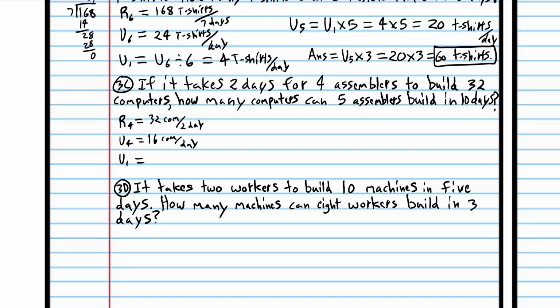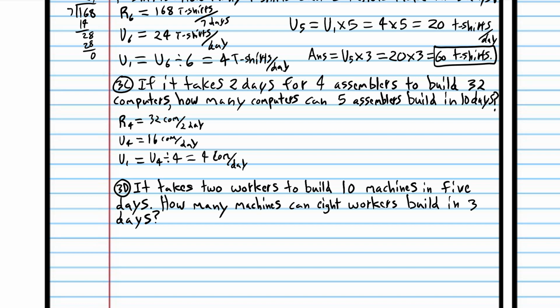So that would be U4, which is 16, and divide that by 4. 16 divided by 4 is 4. So now we know how many computers 1 assembler can build per day. That's 4 computers. So we reduced everything to simpler numbers.